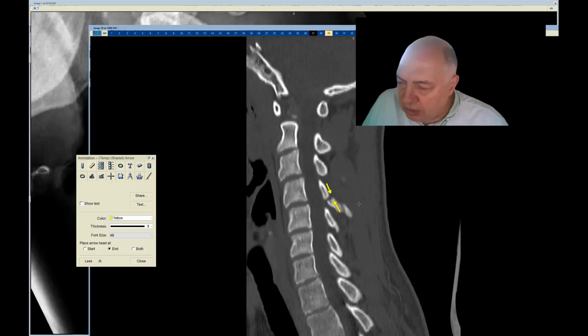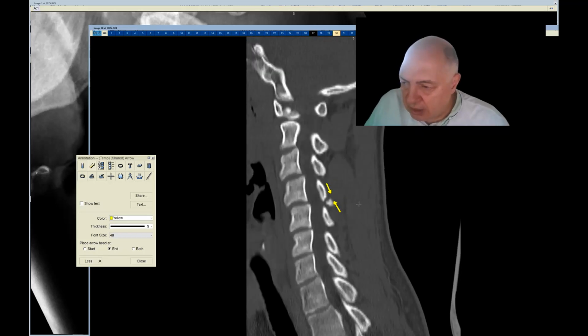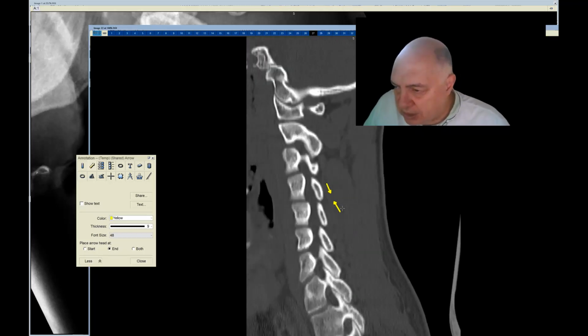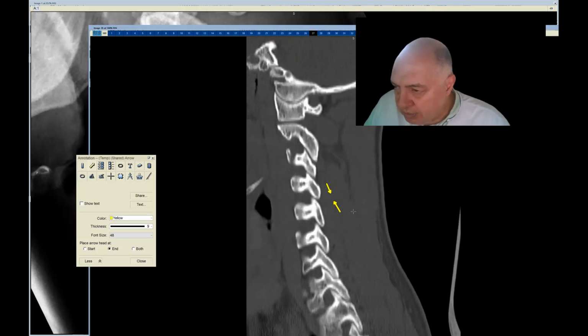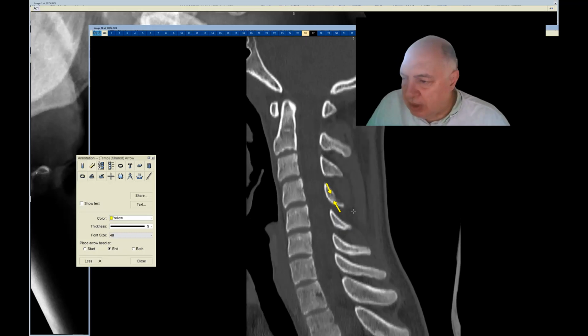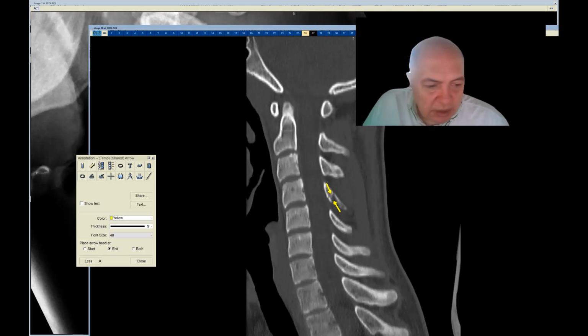Quite clearly shown, so it's easier to see on the CT scan, and that's the spinous process, and it extends for a distance into the lamina of the vertebral column. However, the alignment remains normal, so this is a stable fracture.